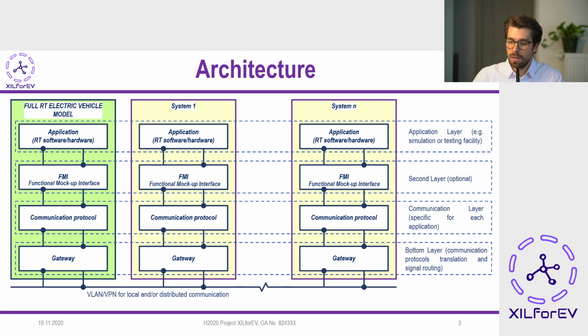And on the bottom layer we have the translation into VLAN or VPN, allowing us safe and fast communication between the participating systems. What we see on the left side is the master, which is a full real-time electric vehicle model. Then we can include a number of N systems to substitute different sub-models in the master simulation.